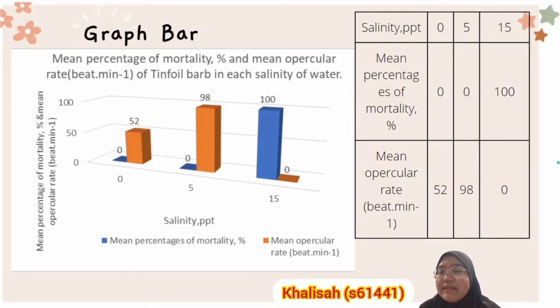And in salinity 15, mean percentage of mortality is 100. For mean opercular rate in salinity 0, we got 52. For salinity 5, we got 19.8, and in salinity 15, we got 0. So here are the results for the mean percentage of mortality and mean opercular rate of tinfoil barb in each salinity of water.